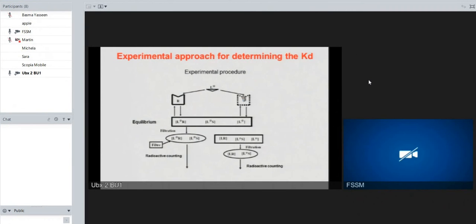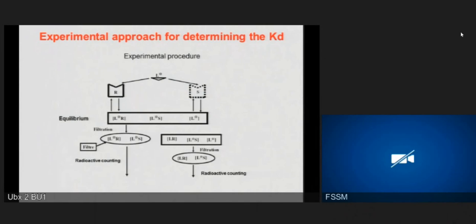This is the binding of L on something else. So at the end, if you count the radioactivity, you will count the radioactivity of LR, you will have the contribution of LS that you don't want but it is here, and L.